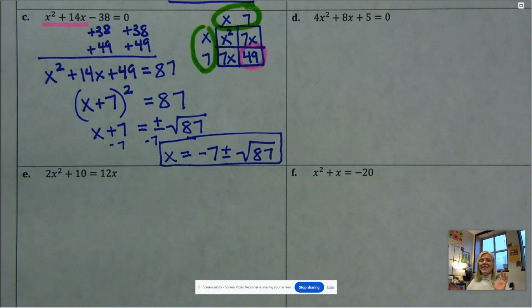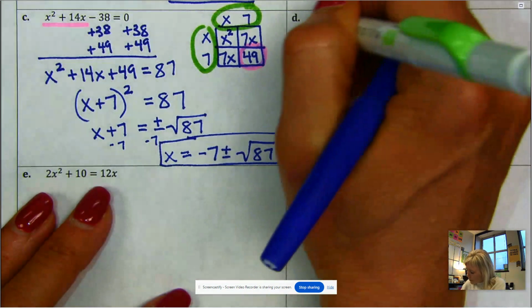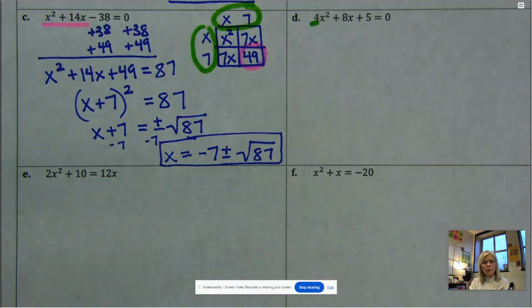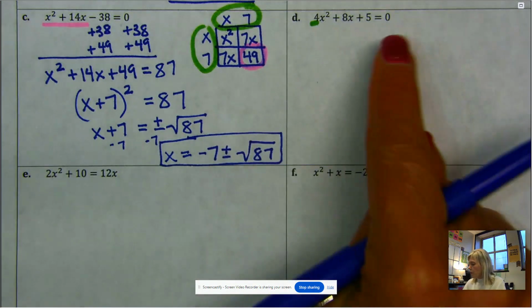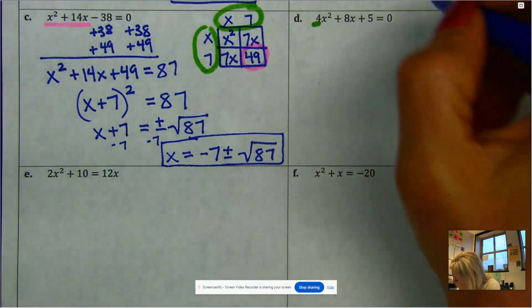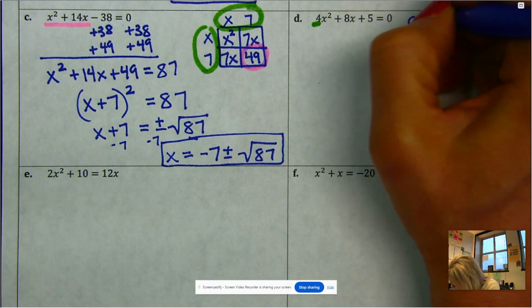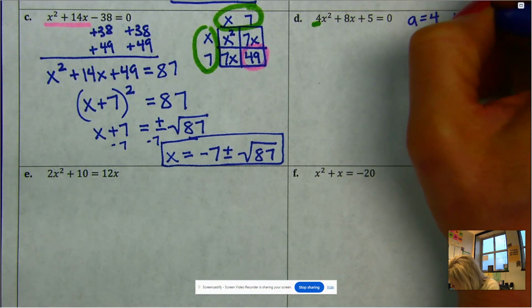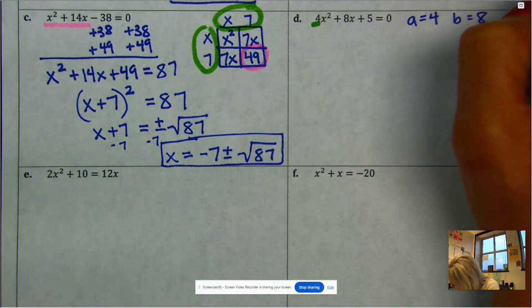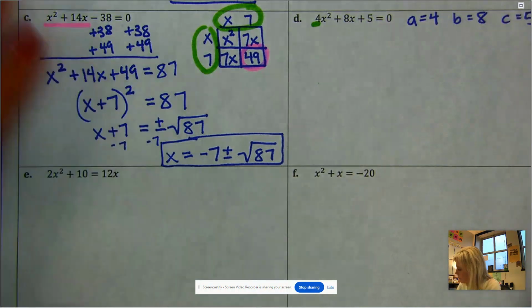All right, on D, I see a number in front of the x squared, so I'm going to use the quadratic formula. The equation is already set equal to 0, so I know A is 4, B is 8, C is 5.